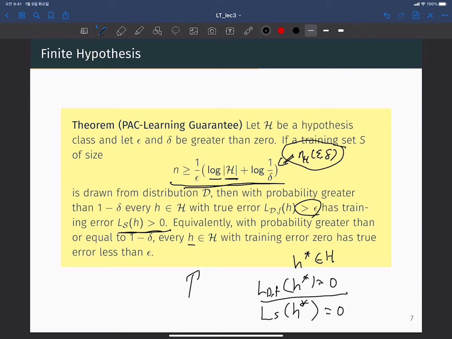We don't care which hypothesis class we are using. We just need the cardinality. When we know the cardinality and epsilon and delta, from the cardinality we can simply say the sample complexity. With this amount of training data points, we can guarantee epsilon-delta accuracy.